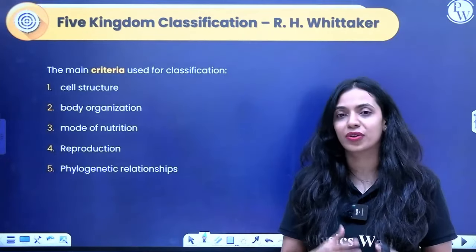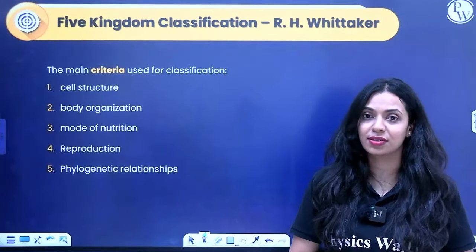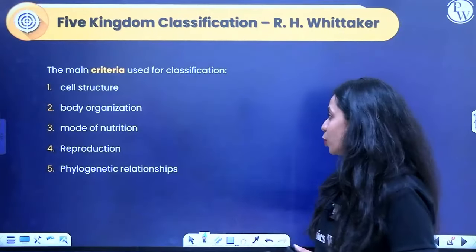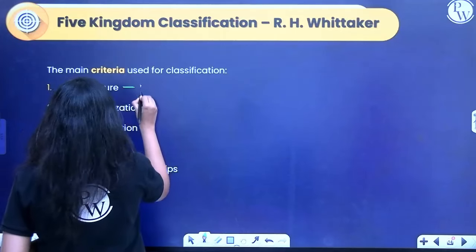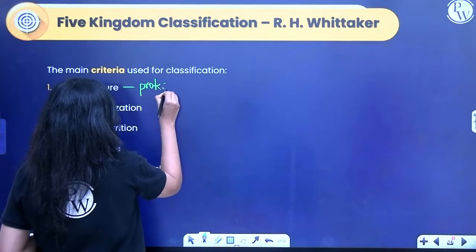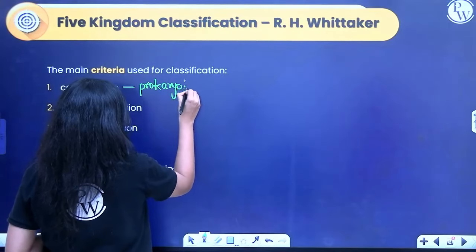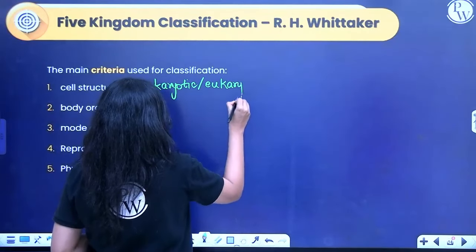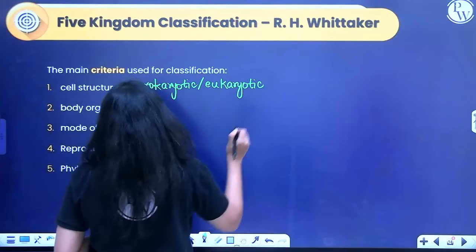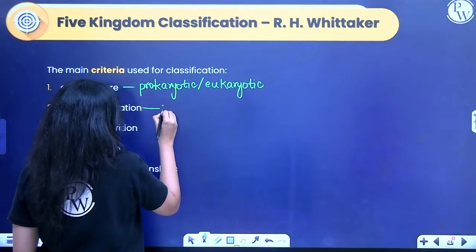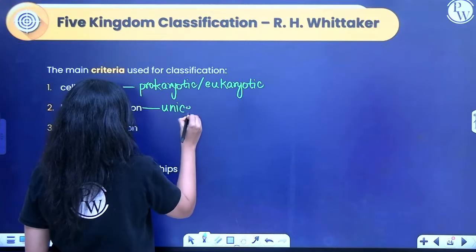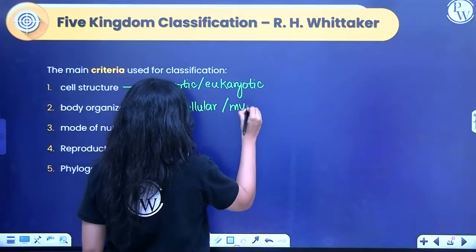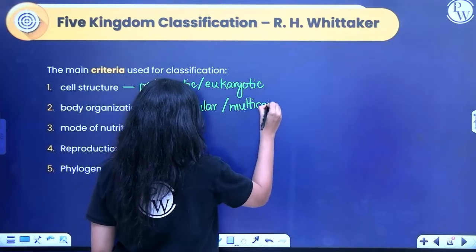So in R.H. Whittaker's five kingdom classification system, they've used criteria from diverse fields of biology. We will look at its cellular structure, whether it is prokaryotic or eukaryotic. Body organization, whether it is unicellular or multicellular.